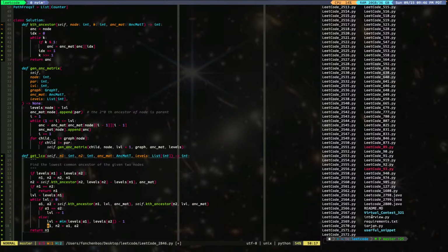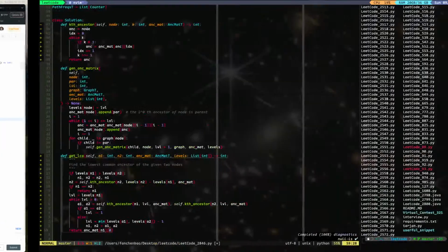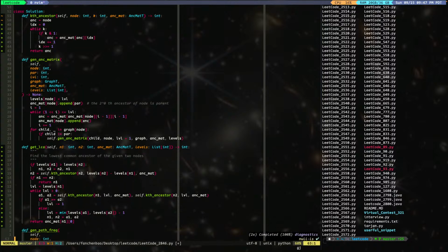If a1 is equal to a2, then the answer shall be the ancestor. The ancestor is never on the outside, so we have to say n1, so it shall be ancestor matrix n1 0. Okay, so that is to get the LCA.